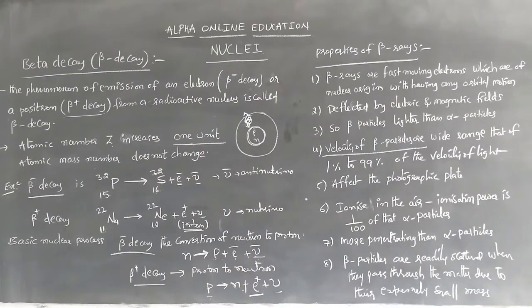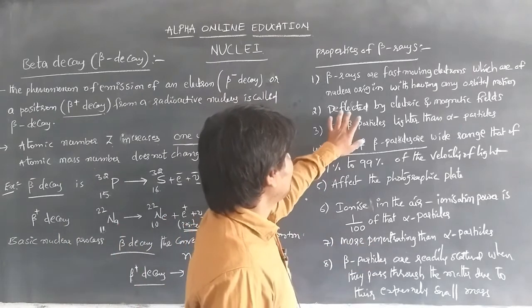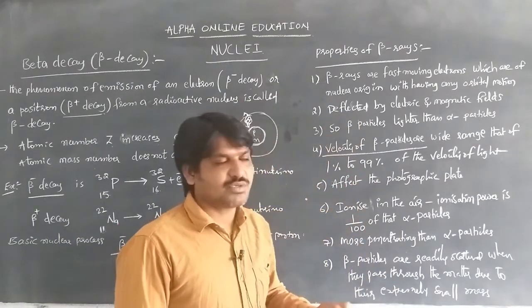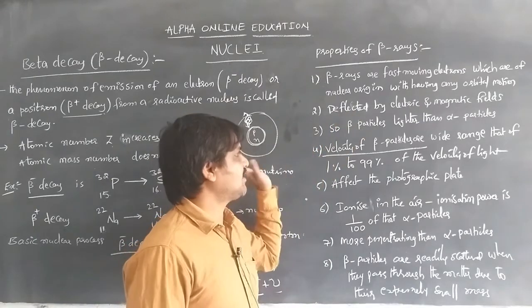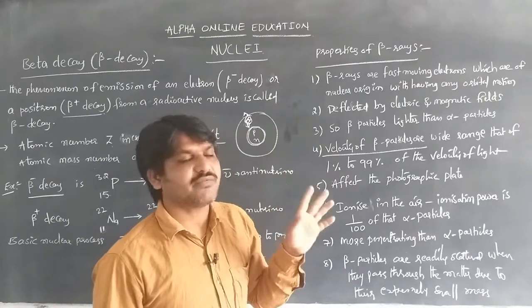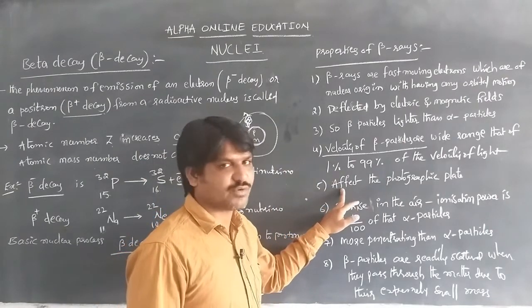If we compare with alpha decay, alpha and beta particles both carry charges, so they can be deflected by electric and magnetic fields. Both have a range of velocity, and both affect the photographic plate.